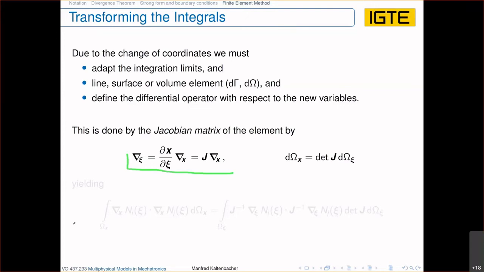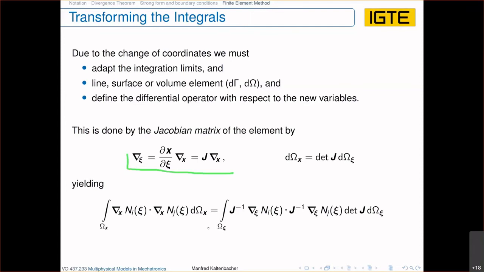So this brings us to the fact that when we use this relation, we can rewrite our integral, where we have the nabla operator with respect to the global coordinates on the basis functions, which are functions of the local coordinates, by the nabla operator here, which we can compute, because it's the nabla operator with respect to our local coordinates in 2D, psi and eta.